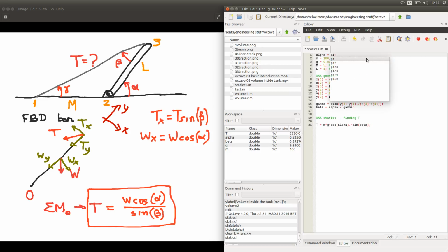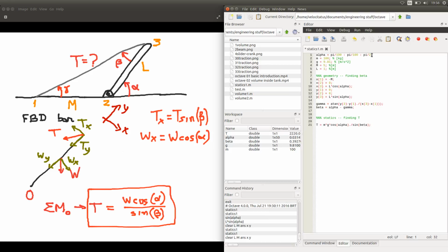And as we mentioned, let's say alpha starts at a very small value and goes in small increments all the way to a vertical bar. So nearly horizontal to vertical. And as alpha is now an array of values, we need to be a bit more careful how we set up the coordinates of our points, because now x3 and y3 will also be arrays of values as alpha changes.